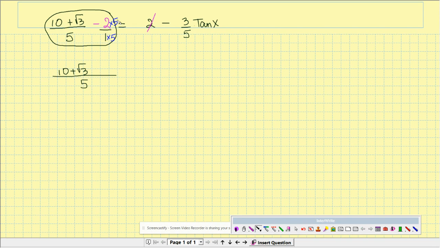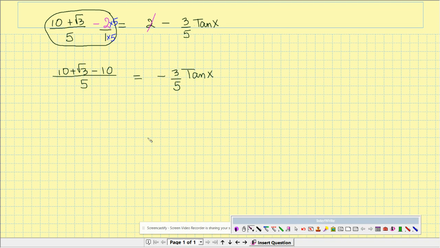For the second numerator, we take the 2 times 5, which is 10, and we bring the minus, so the minus 10. And then you copy exactly what we have on the right-hand side, which is this number with the negative sign, and then times tangent of x.